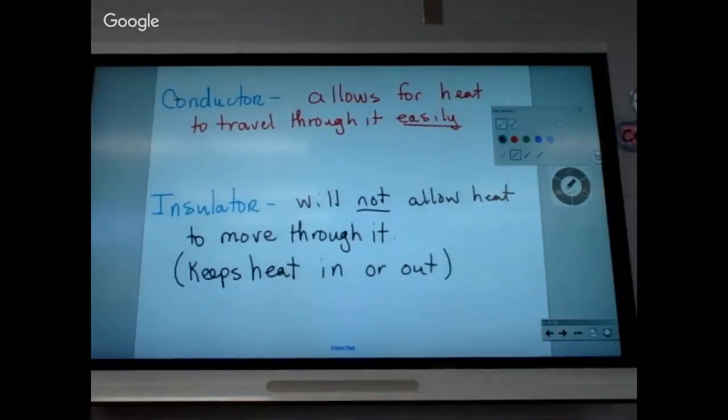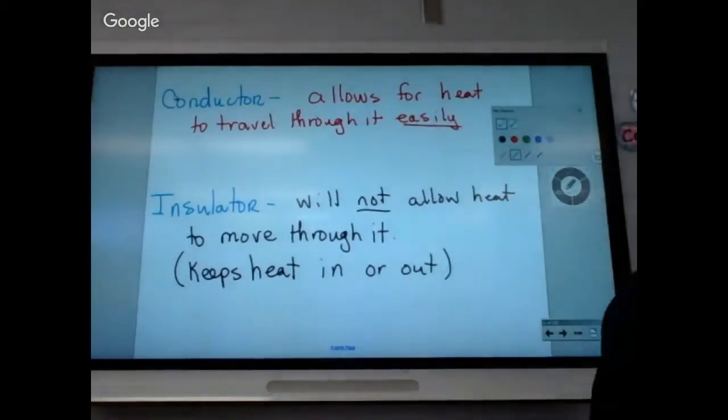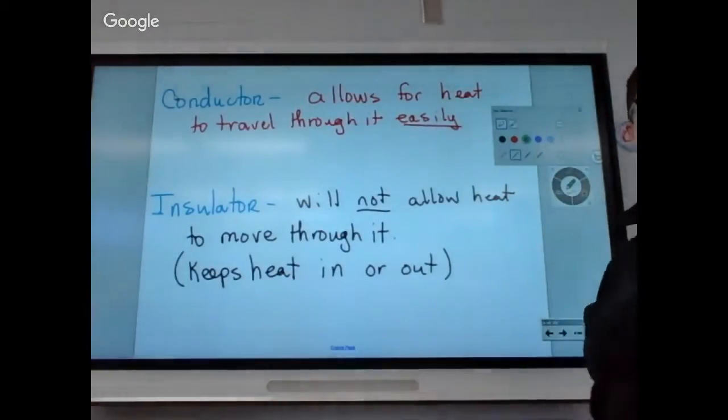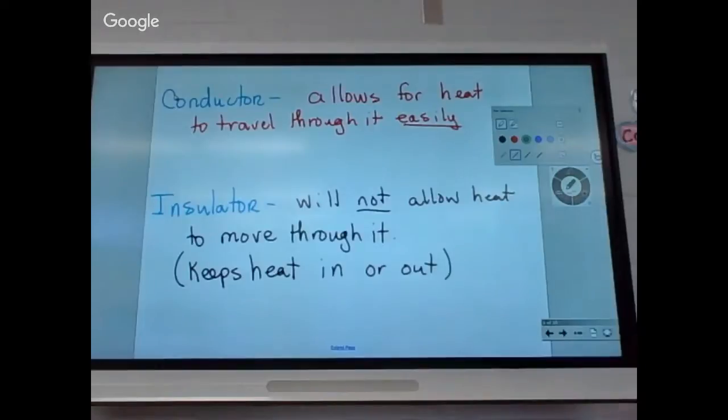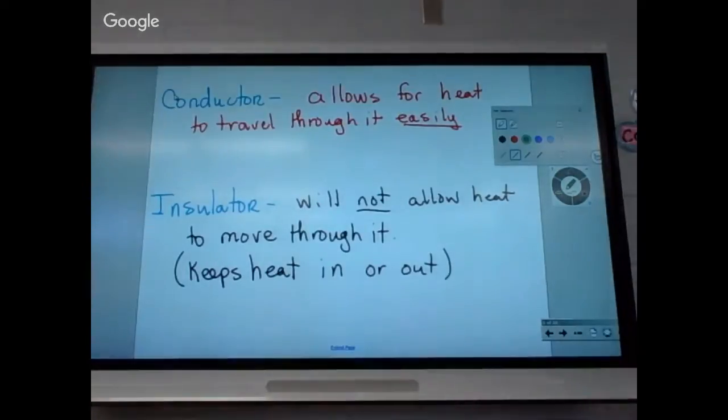Now, the reason that I brought this up is because we're talking about conduction. What types of materials are conductors? What allows that heat to pass through it very easily? When you think about pots on the stove, silverware that we use to stir with, it burns the fool out of us when we forget it and leave it on the stove.